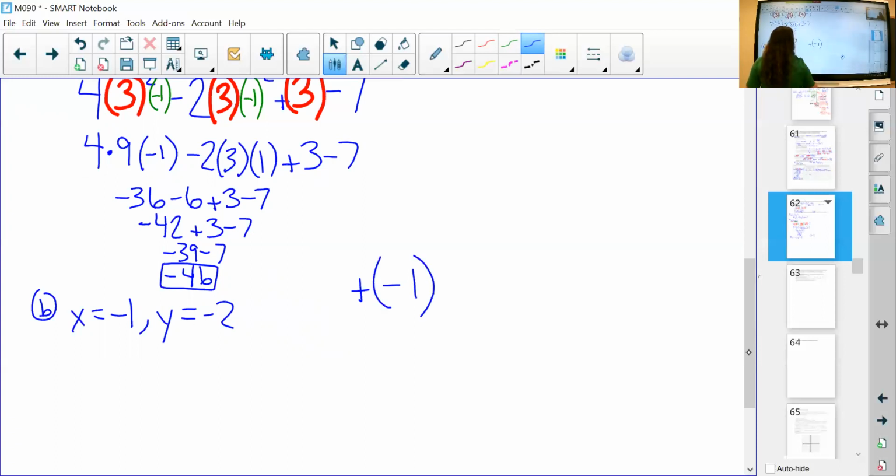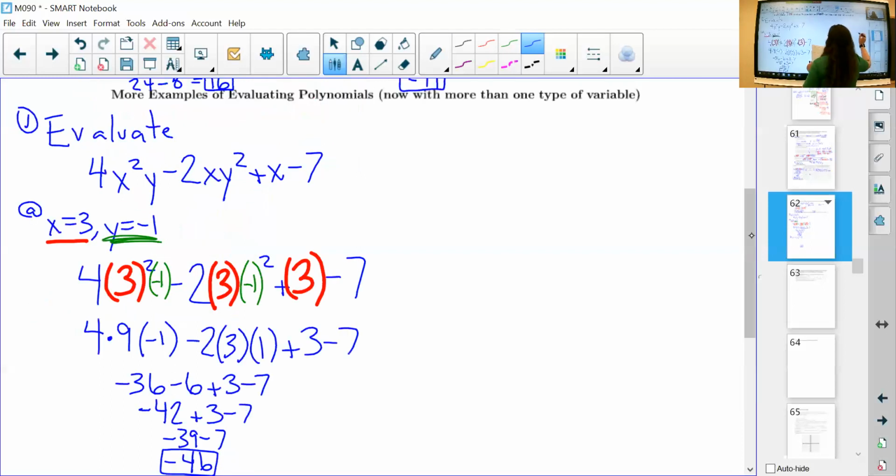Right, I'm going to write it with parentheses around it. So take a moment for that. Feel free to pause. I'll give you the answer just so you can check your work. Minus 8.